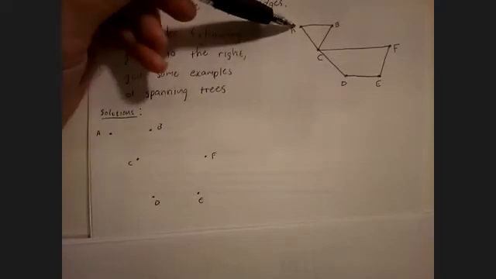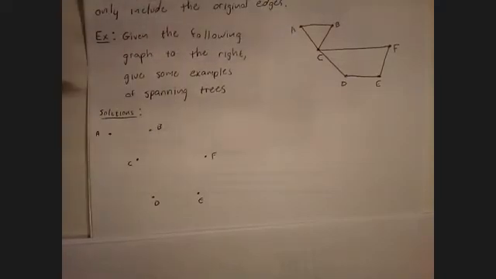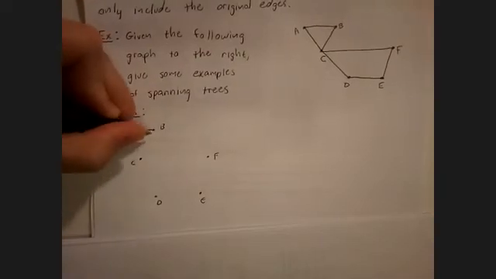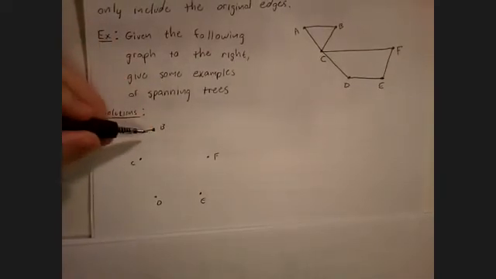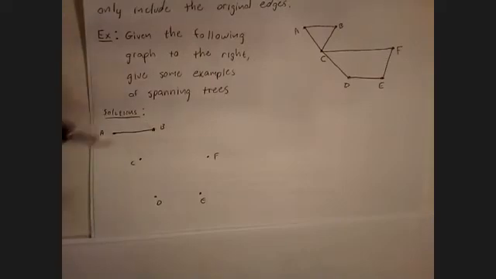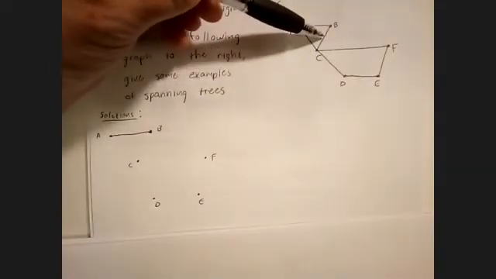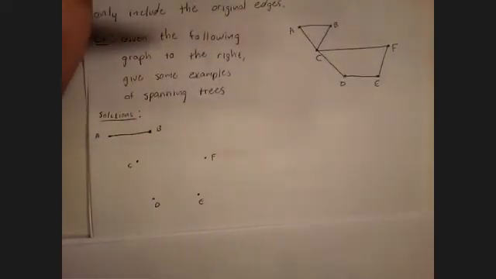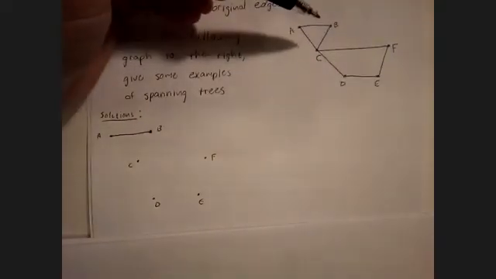Notice ABC is a circuit. Okay. So if I go from A to B, I can't go from B to F because BF is not in the original graph.